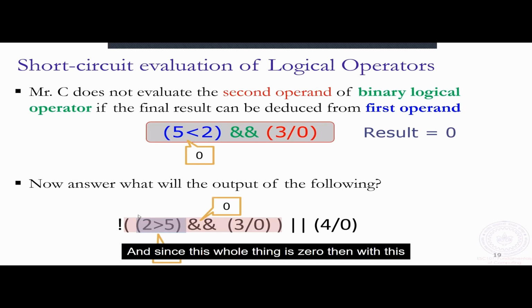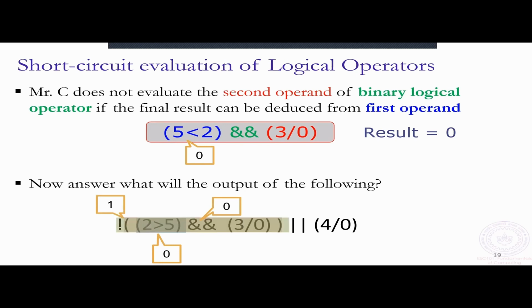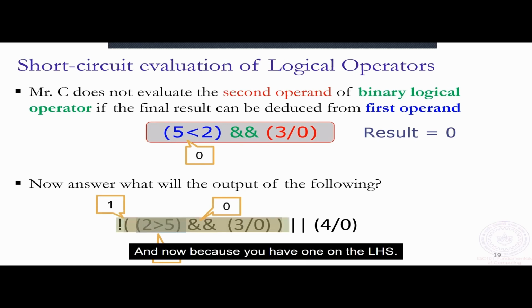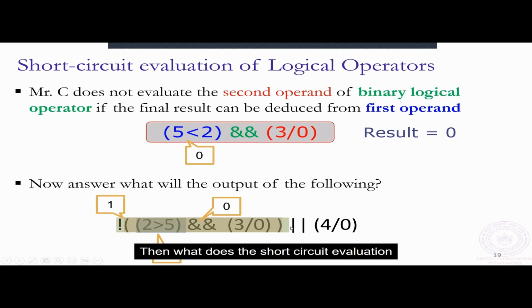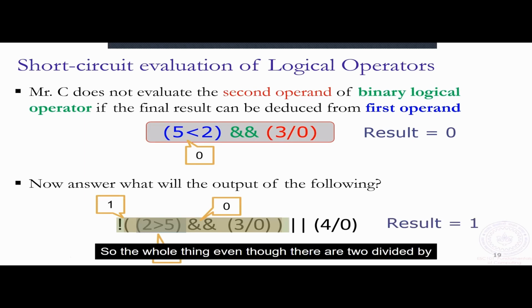And since this whole thing is 0, then with this NOT, it becomes 1. And now because you have 1 on the LHS, then what does the short circuit evaluation of this whole thing become? It becomes 1. So the whole thing, even though there are 2 divide by zeros in it, it actually evaluates to a reasonable answer.